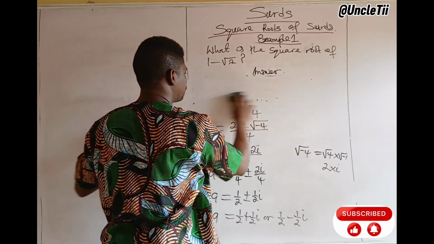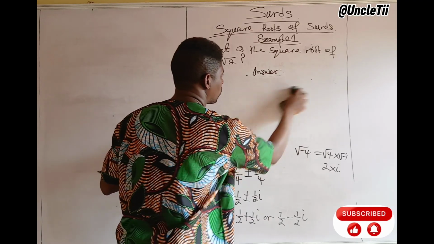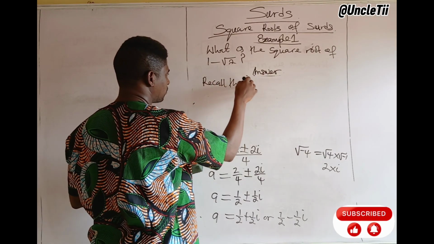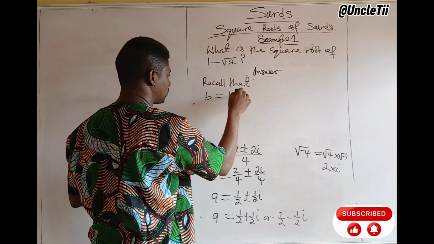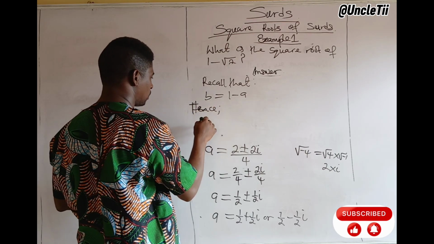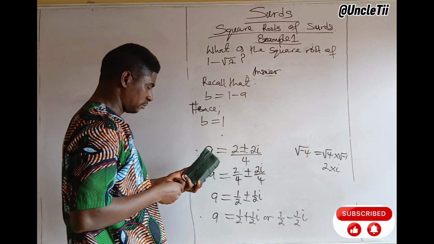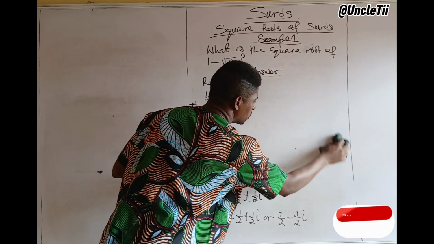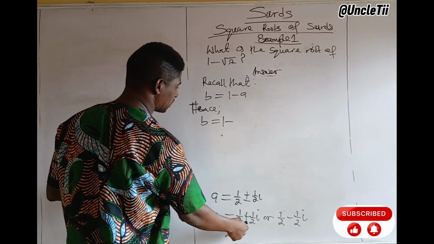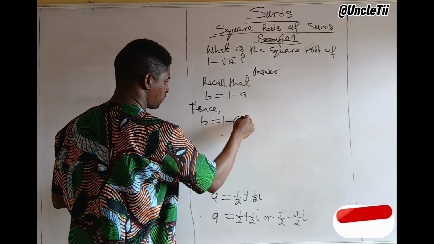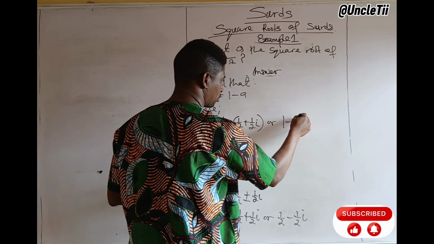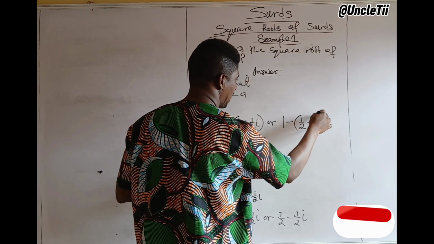If we do that, recall that B is equal to 1 minus A. Hence, B is equal to 1 minus, this is the first value of A, bracket opens, half plus half i, or 1 minus, then we put the second value, bracket opens, half minus half i.